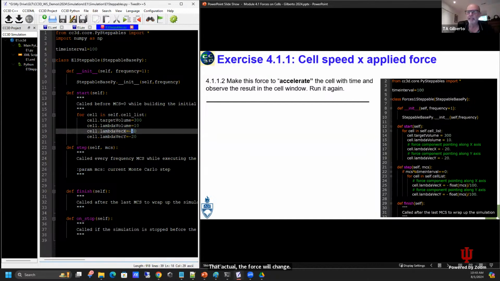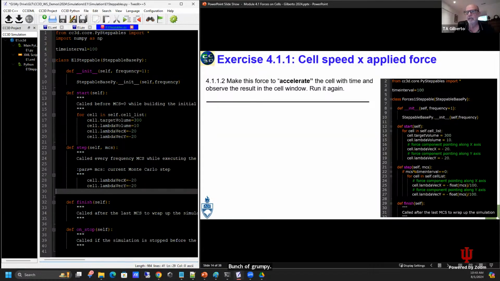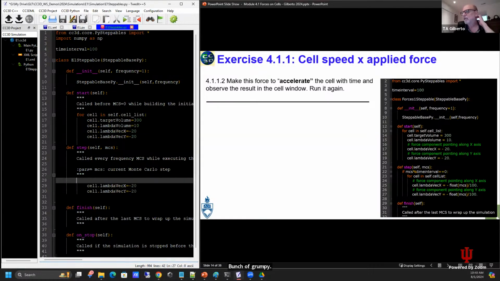Let's go back to 20 here. So I have to add lines to copy here in the step function. I will start with a condition to change the cell direction.